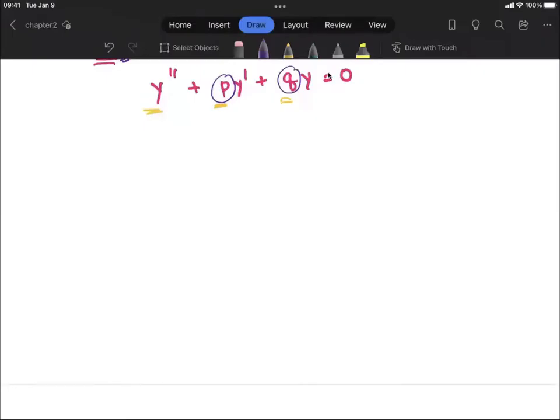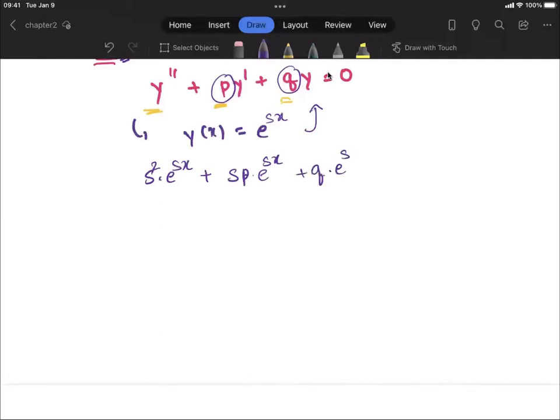We know that a general solution for a differential equation like this is of the form e to the power sx, right? So if you were to plug in the solution there, you will have s squared times e to the power sx plus sp times e to the power sx plus q times e to the power sx equal to 0, right?